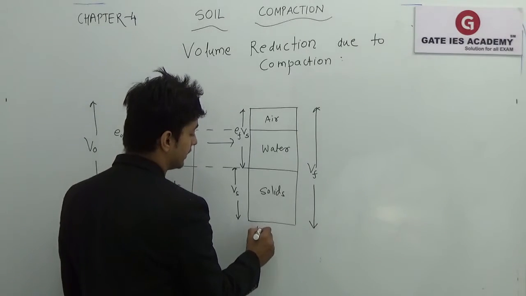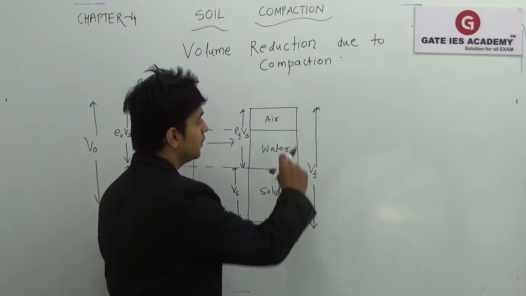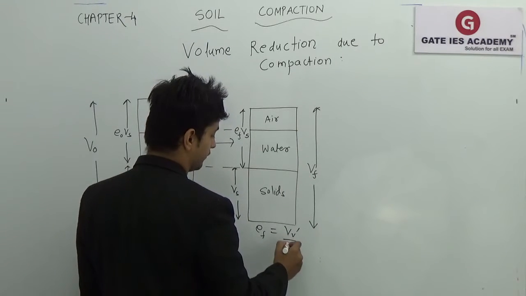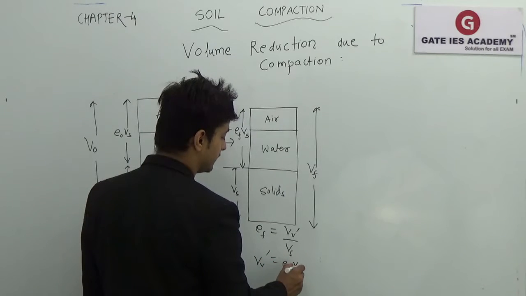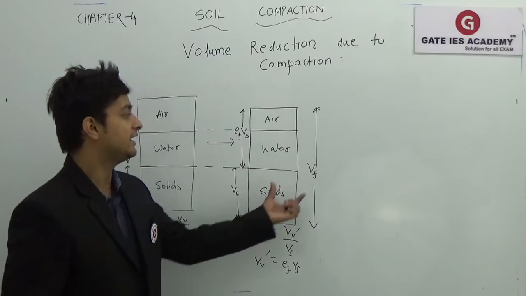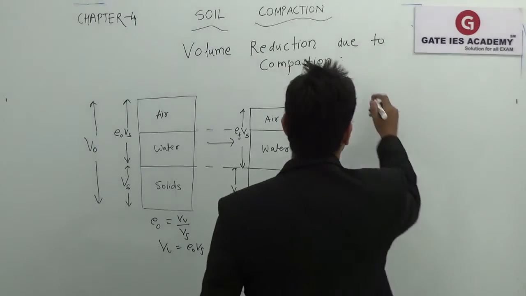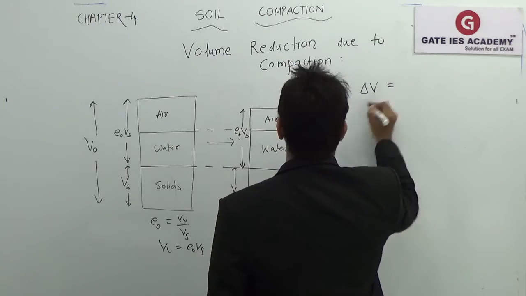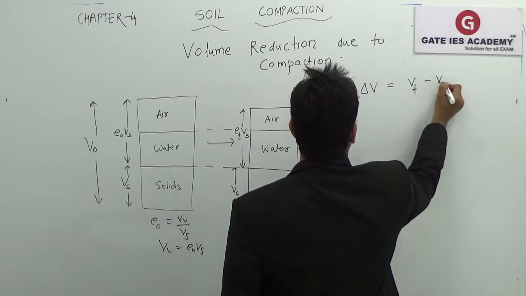Finally, ef is nothing but Vv dash, the next volume of voids, upon Vs. So Vv dash will be ef into Vs, and this is the final volume Vf.